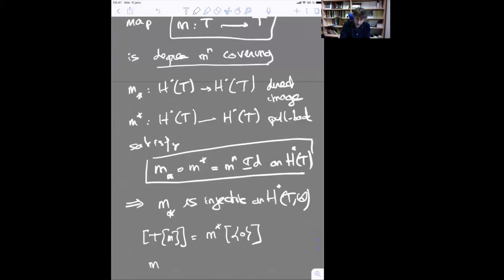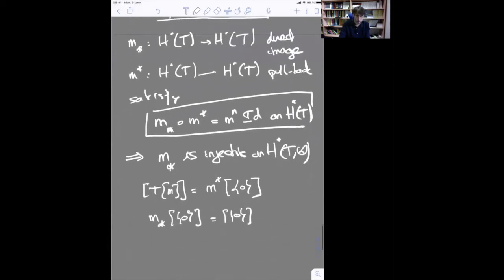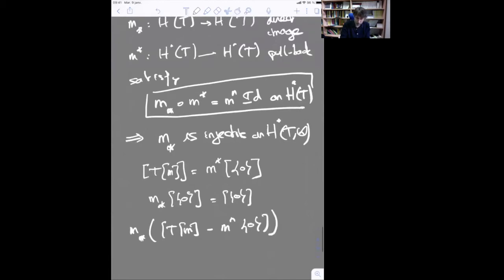Now the direct image of the zero section is, of course, the zero section itself. So if you take the direct image of the m torsion point minus m to the n, the zero section, here you have direct image of the pullback of the zero section.